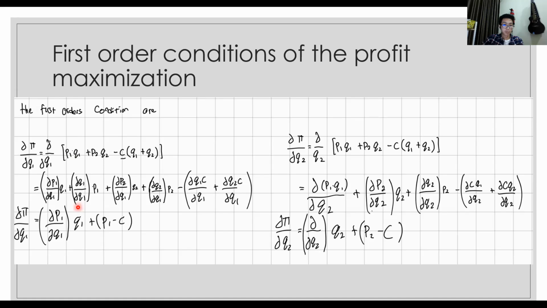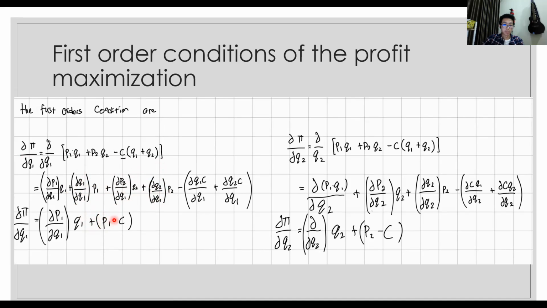But if you pay attention here, the partial of Q1 over the partial of Q1 is 1, times P1, so it's plus P1 right here. And the partial of P2 over the partial of Q1, there's nothing that we can derive here, so it equals 0. The partial of Q2 over the partial of Q1 is the same, there's no derivation here, so it's 0.